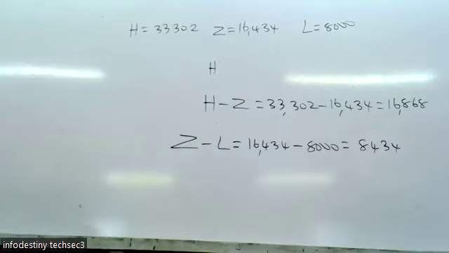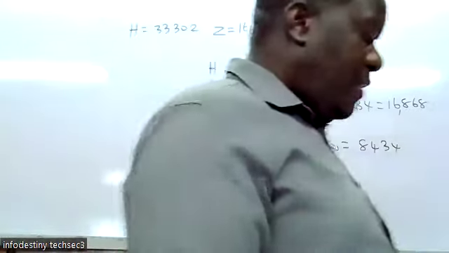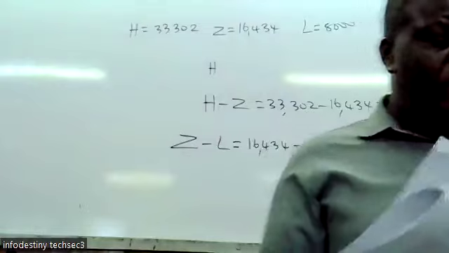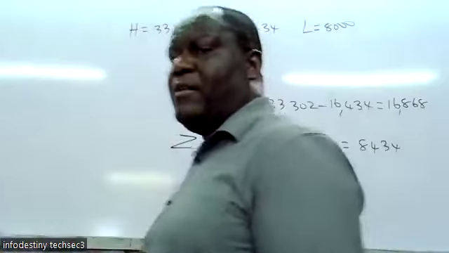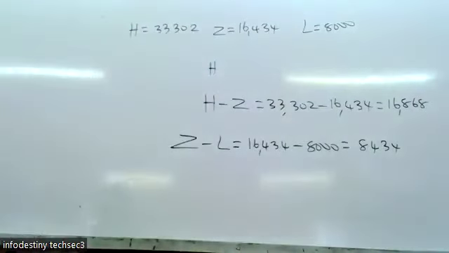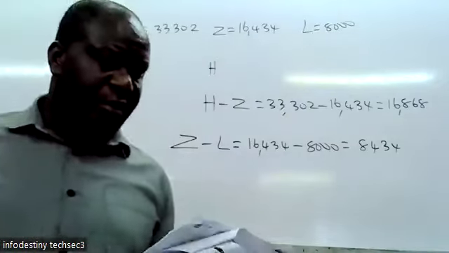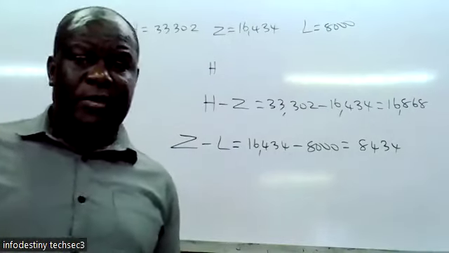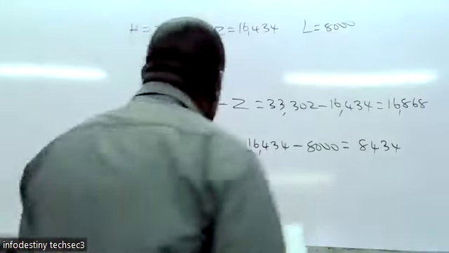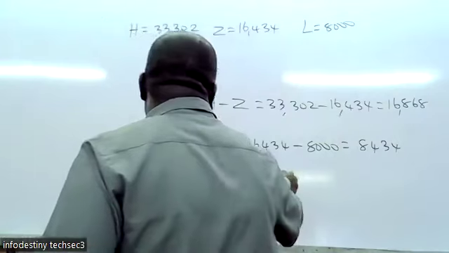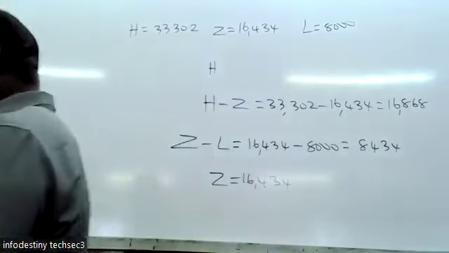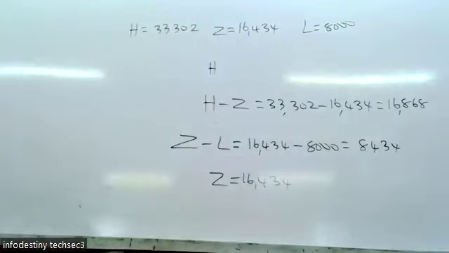And finally, decision 3 is that if the cash balance is along the optimum limit, i.e. at Z, which is 16,434, then no action should be taken.